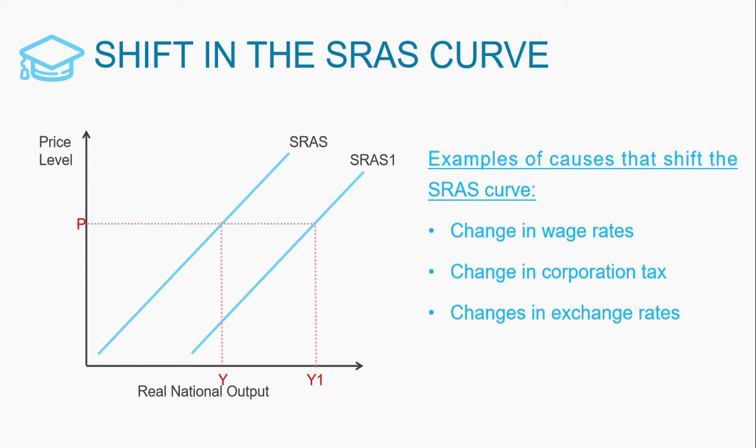The factors that cause a shift in the SRAS curve, because they change the cost of production, are changes in wage rates, changes in efficiency levels, changes in corporation tax rates, changes in exchange rates, because a weaker pound will increase the price of imports, causing SRAS to shift left, as raw materials will be more expensive, making production more expensive.